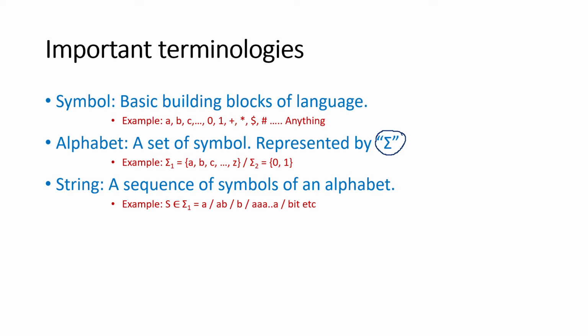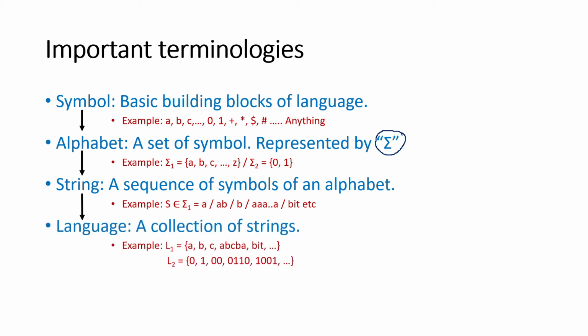Now whether it is a valid string of that particular language, to decide this we have to define the language, which is a collection of strings. For example, in English language, hello, how, you, and lots of different words are correct words in the English language.